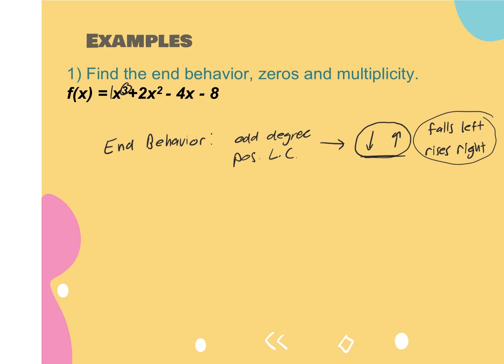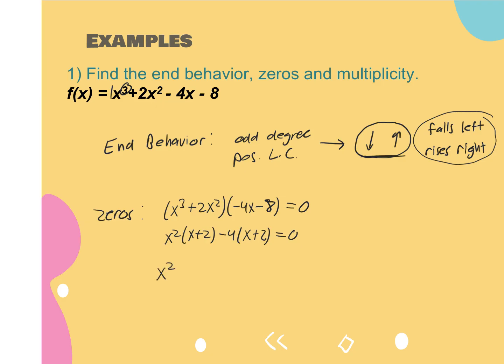Now let's find the zeros. This one's actually factorable, so I'm going to group. It's going to be x to the third plus 2x squared, and then minus 4x minus 8 equals 0. Take out an x squared, and you're left with an x plus 2. Take out a minus 4, and you're left with an x plus 2.